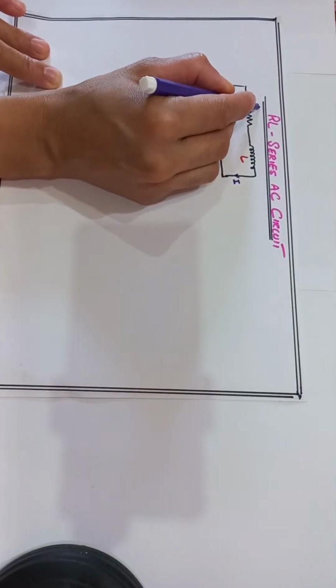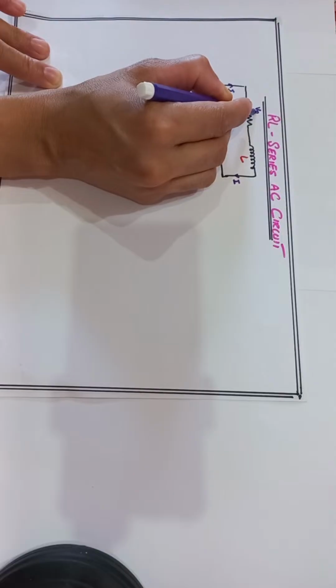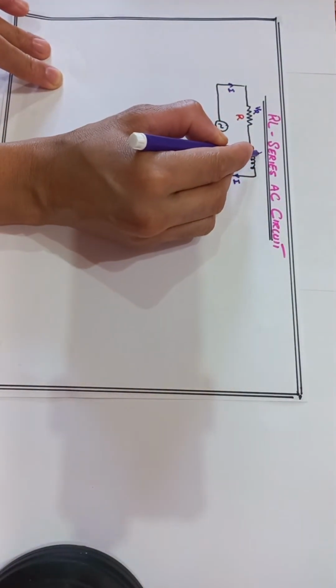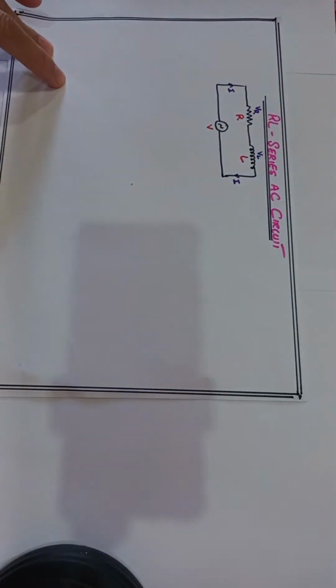So we can write that the voltage across the resistor is represented by VR and the voltage across the inductor is represented by VL.